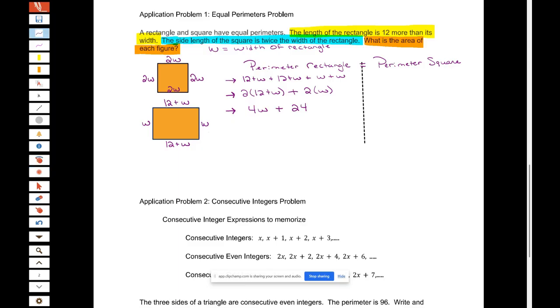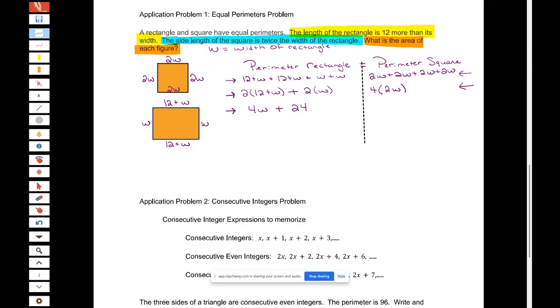Now let's look at the square. Again, you could also start it three ways. You could say, I'm going to list out adding up all four sides. That's one way you could start it. Or you could start and say, well, I'm just going to do 4 times one side because there are 4 sides.